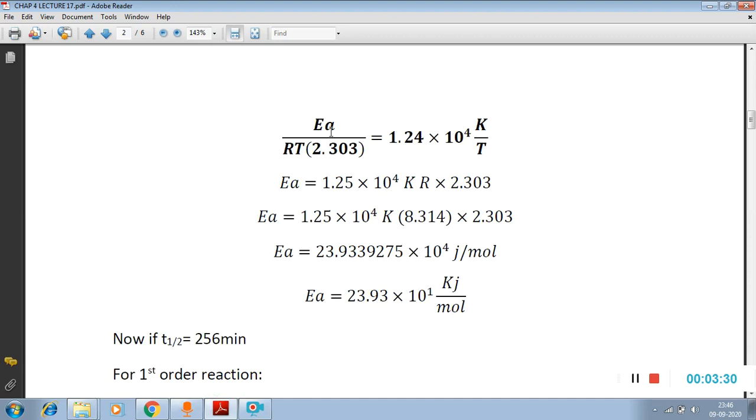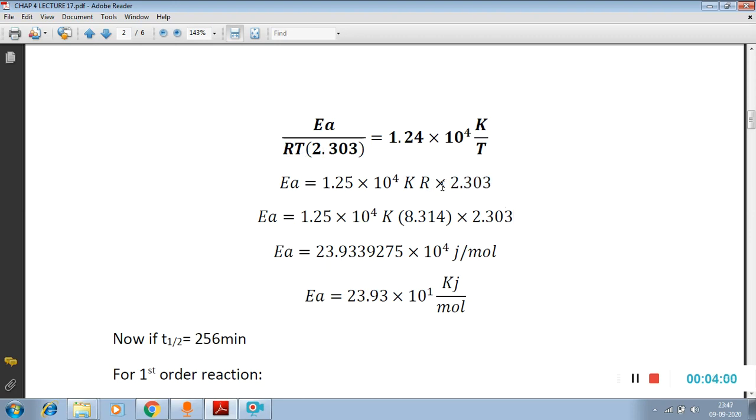Now make the formula for EA. So you will get EA is equal to 1.25 into 10 raised to 4 K into R into T. T will be cancelled out here. You can see T is on both sides, so it is cancelled out, into 2.303.